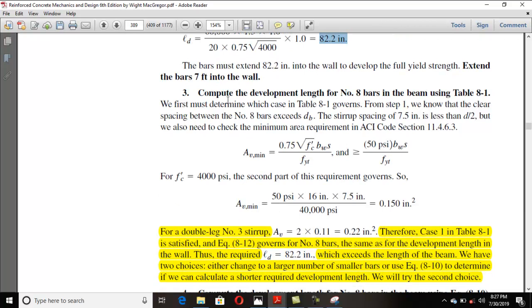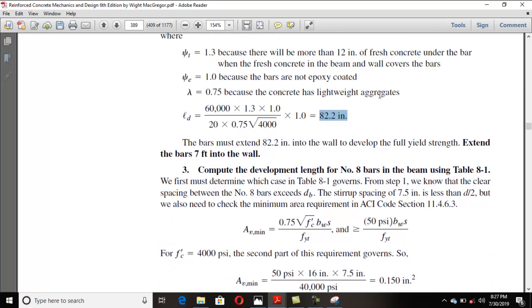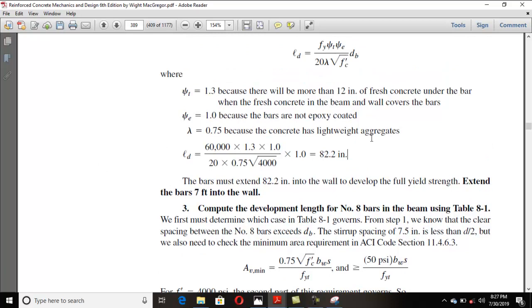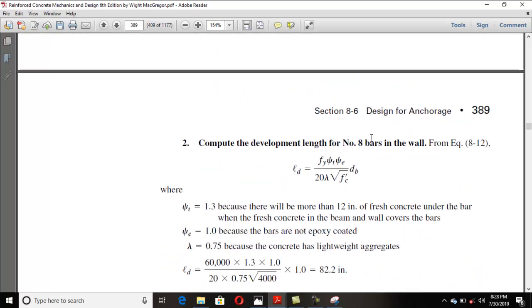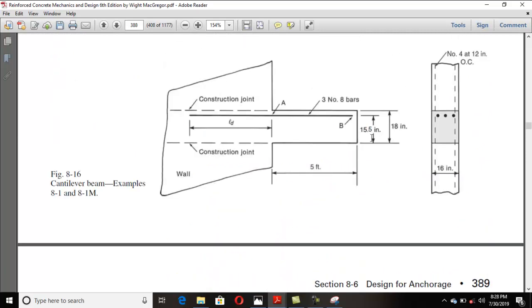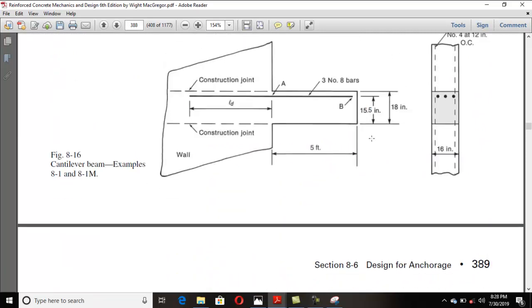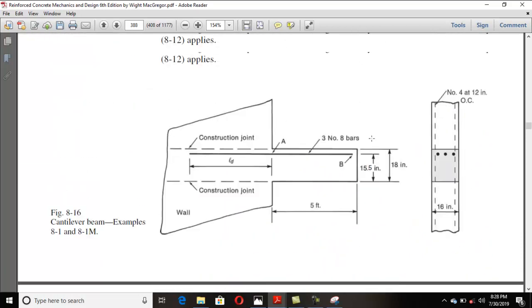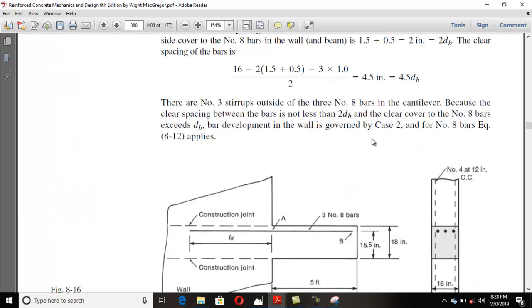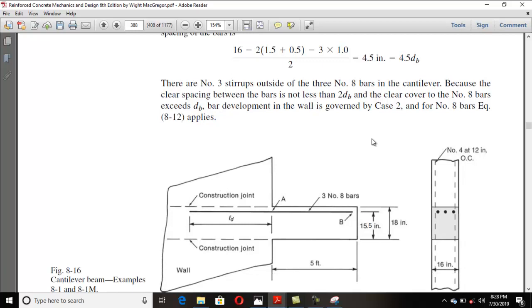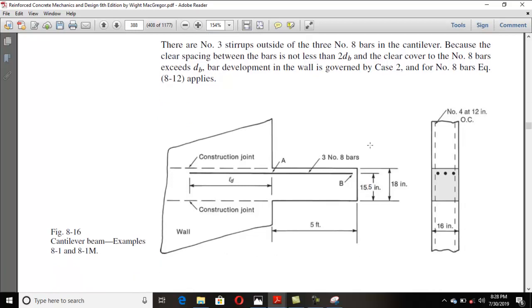Now compute the development length for number 8 bars in the beam using the table. Now in that first part, basically they calculate the development length. One thing must be remembered, that there are number 8 bars.